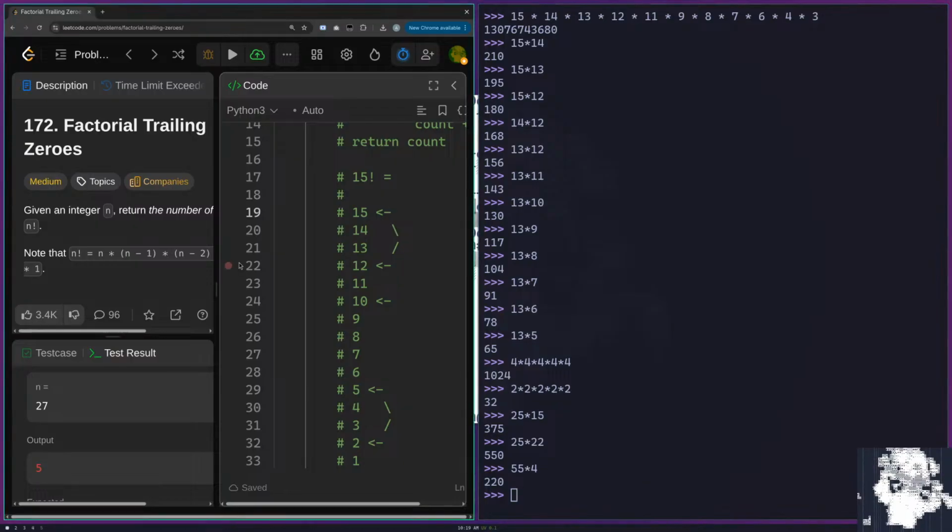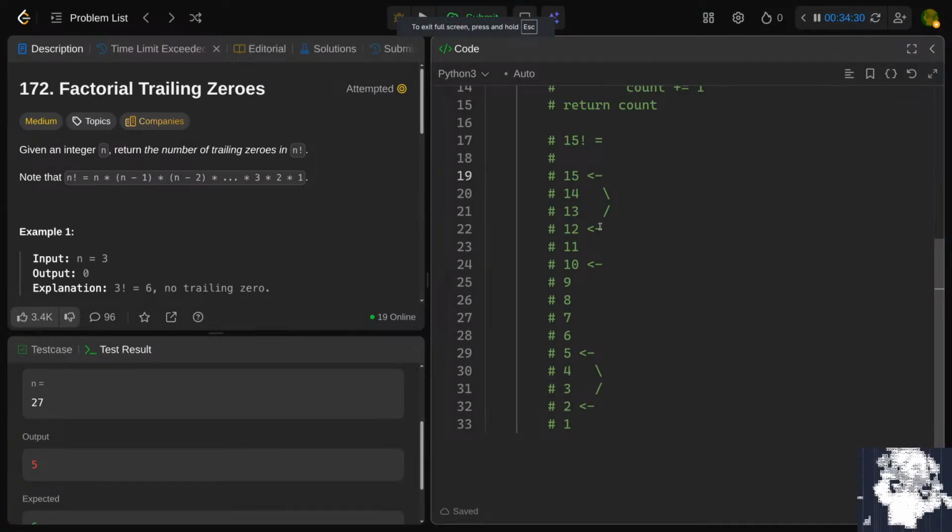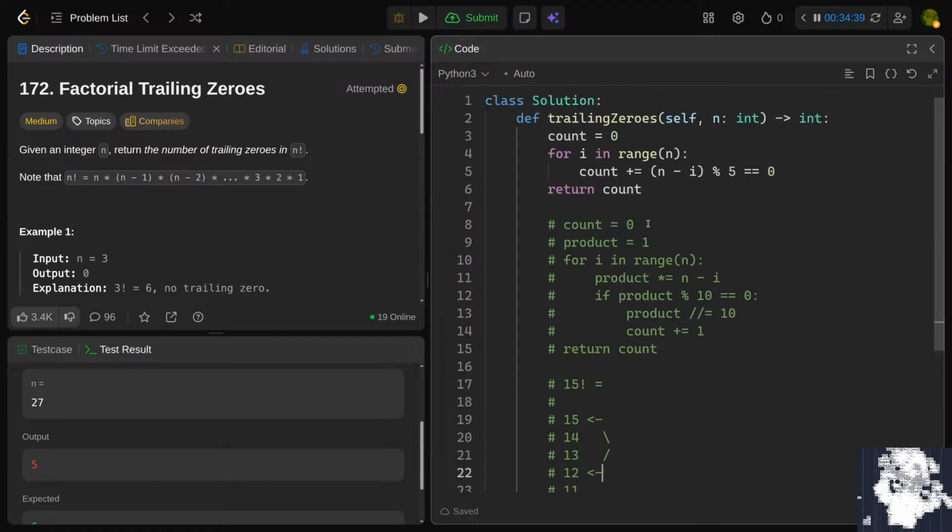So I have to check if this is a multiple of 5, that contributes to the count.